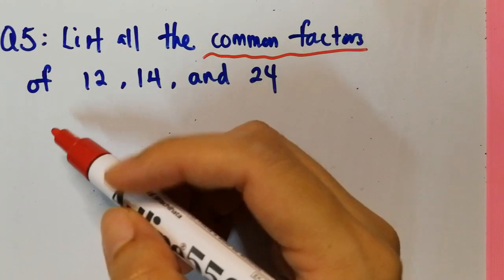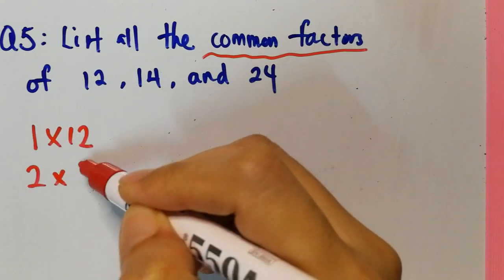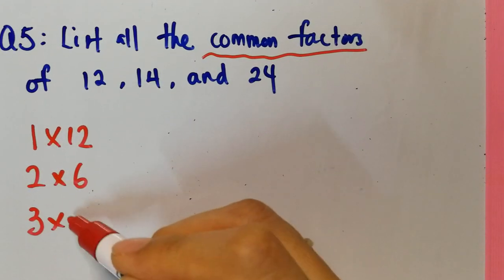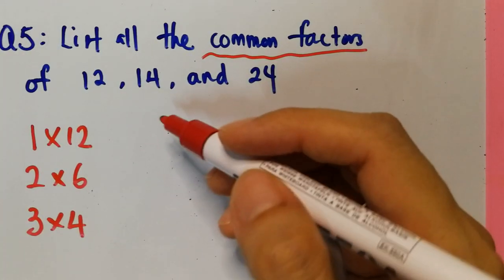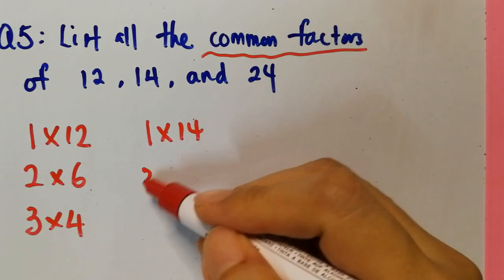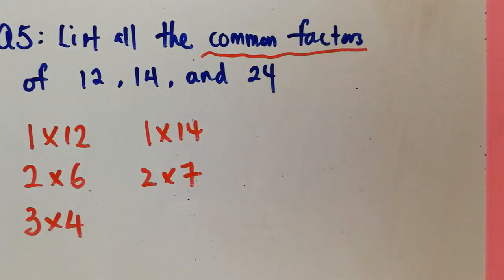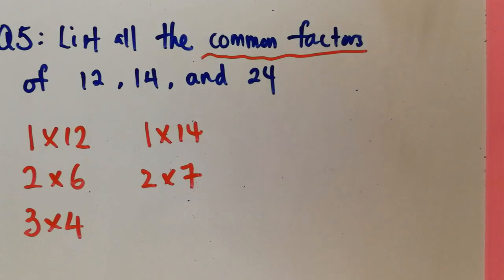So now we start with 12. 1 times 12, 2 times 6, and 3 times 4. All this for the 12. How about 14? We got 1 times 14, 2 times 7. Is there any more? I don't think so. I think that's the only ones for 14.